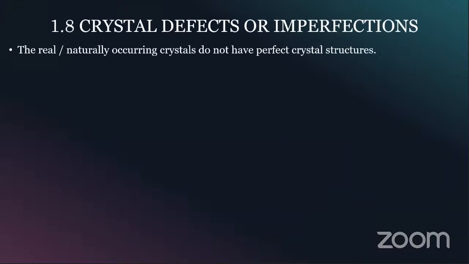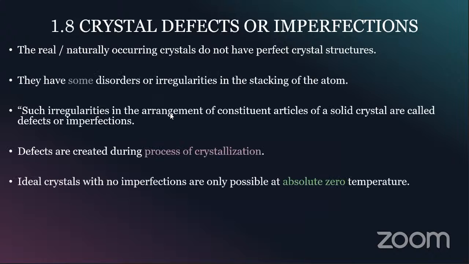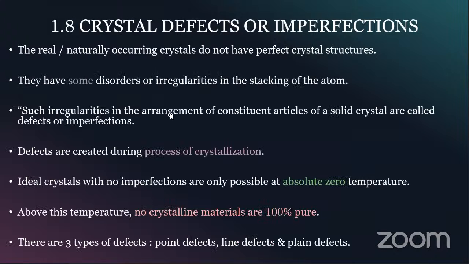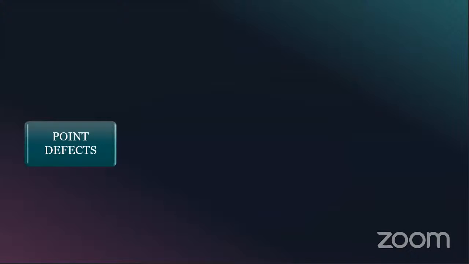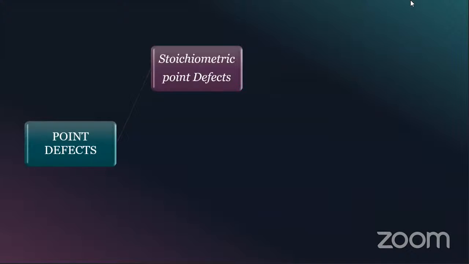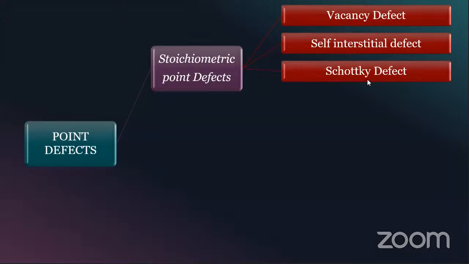Okay. Then I hope everybody is comfortable with crystal defects. I'll just give you a flowchart for that. Please, everybody note this. Point defects are of three types. The first one is stoichiometric point defect. In that you have vacancy defect, self-interstitial defect, Schottky and Frenkel defect.